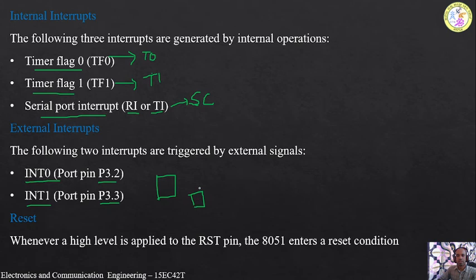If this external device wants to request the microcontroller, it has to raise an interrupt and send a signal to a particular pin, which can be P3.2 or P3.3. If it is P3.2, it is interrupt 0, and if it is the P3.3 pin, it is called interrupt 1. This is how an interrupt can be raised by an external signal.